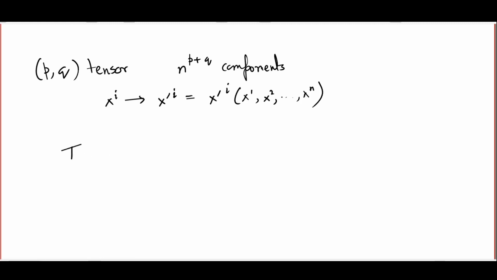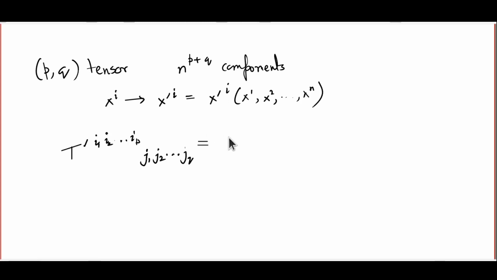So first of all, you write the components with p upstairs indices i1, i2 up to ip, and q downstairs indices. The transformation rule which tells you how to find the i1, i2 ... ip, j1, j2 ... jq component of T in the new coordinate frame is simply this.